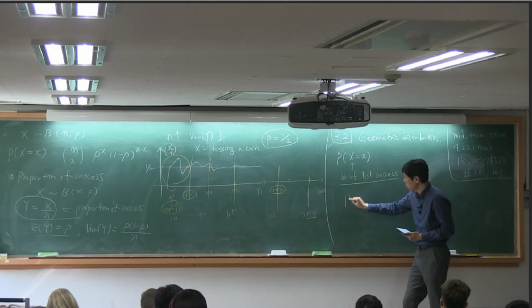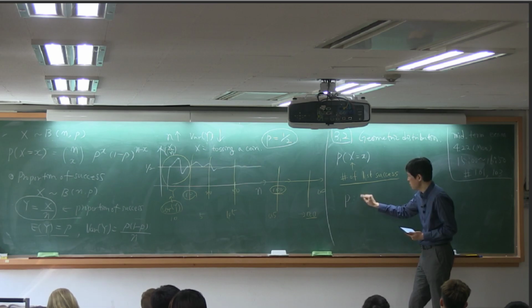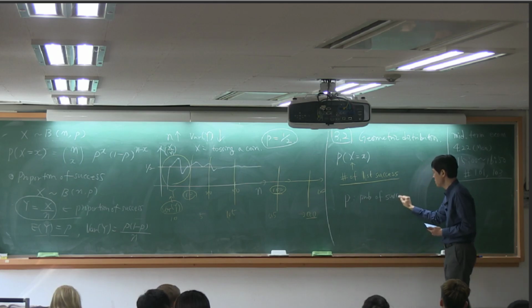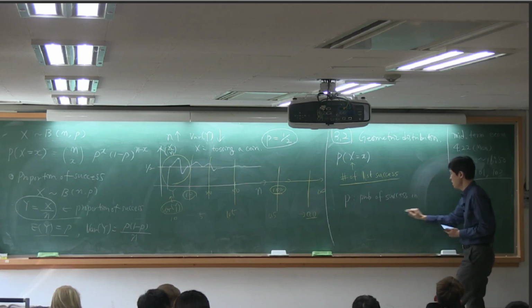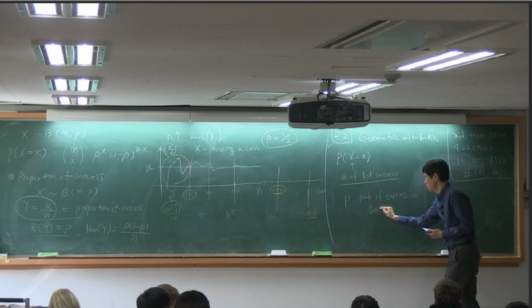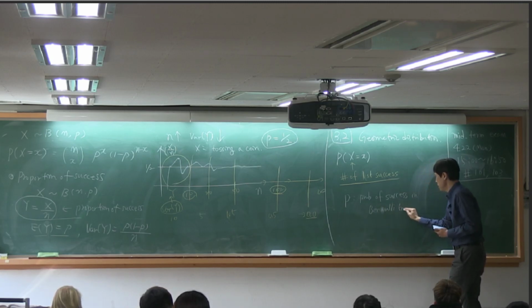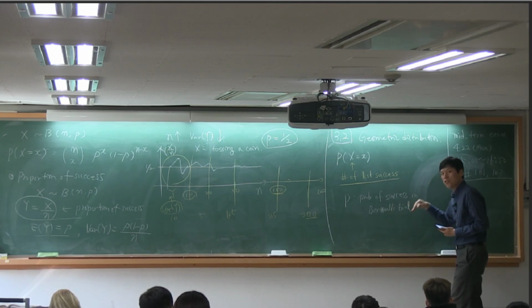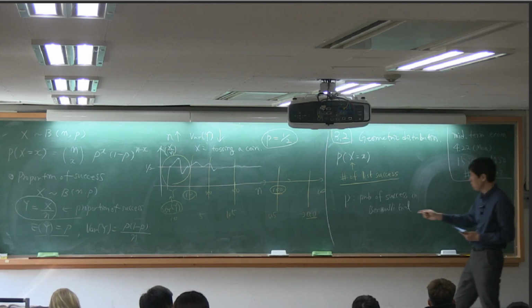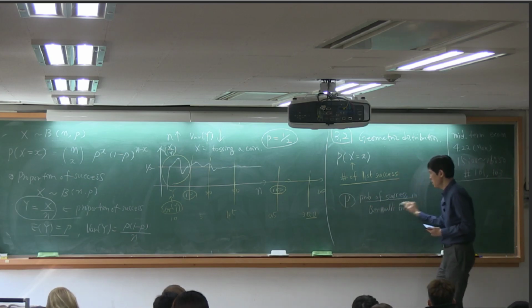Suppose also the probability p is the probability of success in a Bernoulli trial. So in the first trial, the single trial, we have a probability p of success.